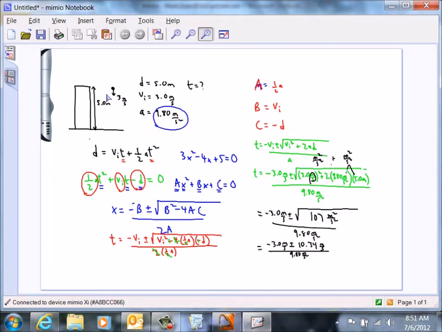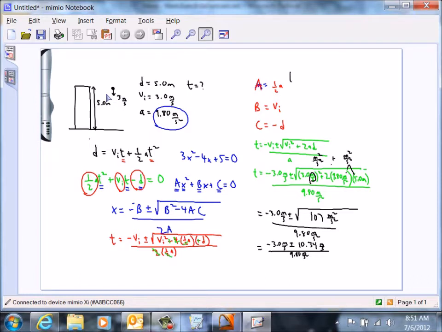So let's start with the plus sign. If I take negative 3, I add it to 10.34. That gives me 7.34. And when I take 7.34 and divide it by 9.8, that gives me one possible root is 0.75, right? Positive 0.75. Let me write them up here.